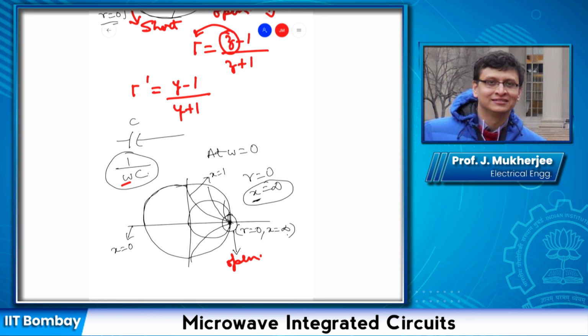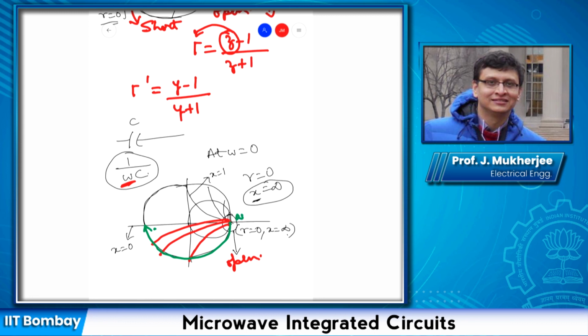As omega keeps on increasing, the value of the reactance decreases, and if the value of the reactance decreases, then the radius of the circles keeps on increasing, right? Like this. So the locus that is followed by the reactance as the value of omega increases is this one. So it goes all the way.